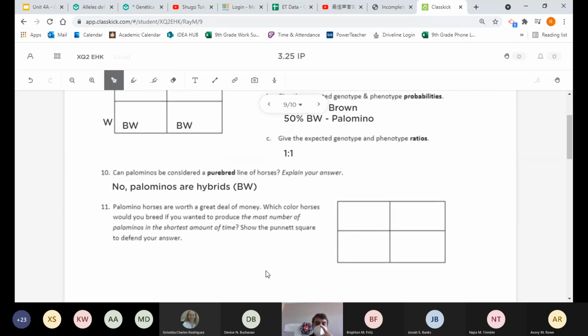So Palomino horses are worth a great deal of money. Which color horses would you breed if you wanted to produce the most number of Palominos? So just like we're trying to make those flowers, we're doing the same thing here. We're showing that we want the most number of heterozygotes, but this heterozygote is going to be letters.